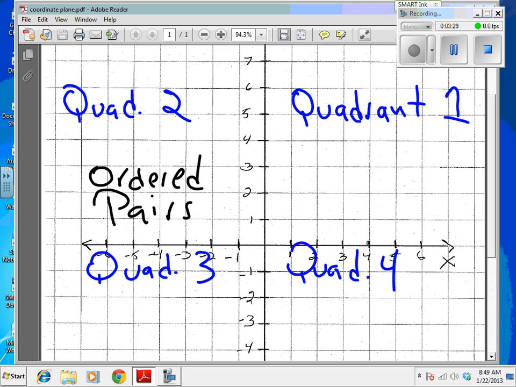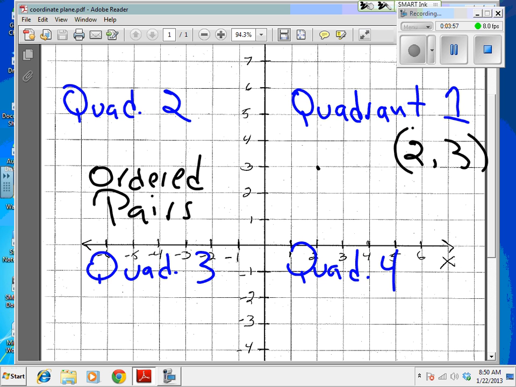So if I asked you to plot point 2, 3, okay? This is what you would do. You would go to point 2 on the x and to point 3 on the y, and that's where point 2, 3 would be.